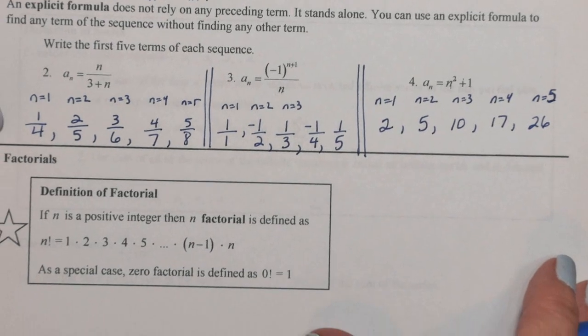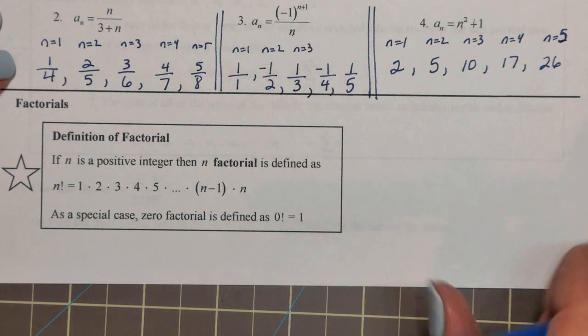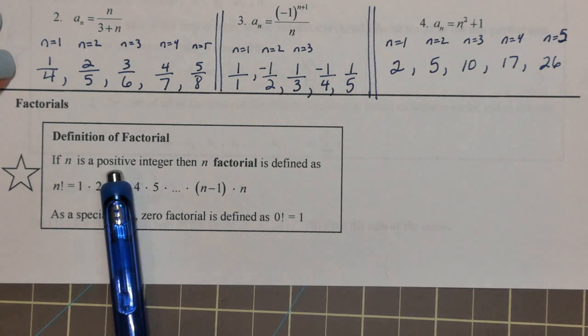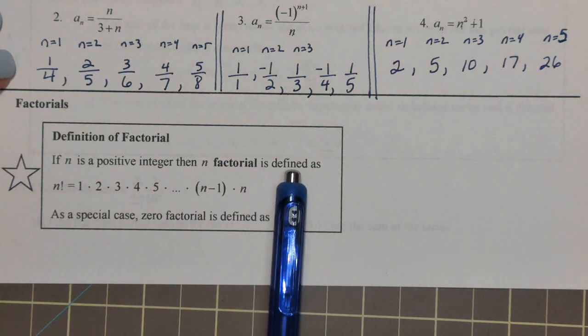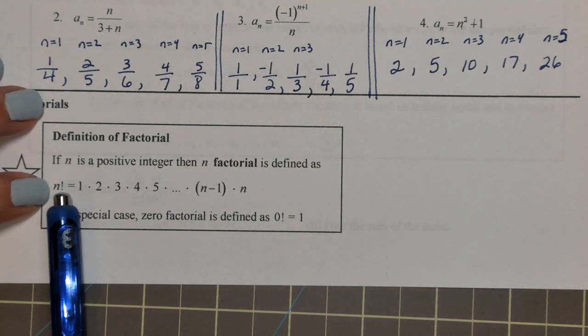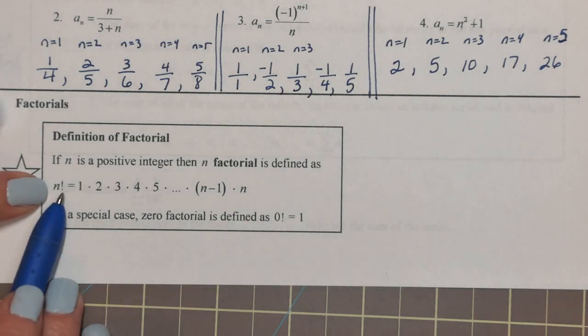Okay? Alright, this is a good time to talk about factorials. The definition of a factorial. If n is a positive integer, then n factorial is defined as, look at what n factorial is. The notation for factorial is this exclamation mark.